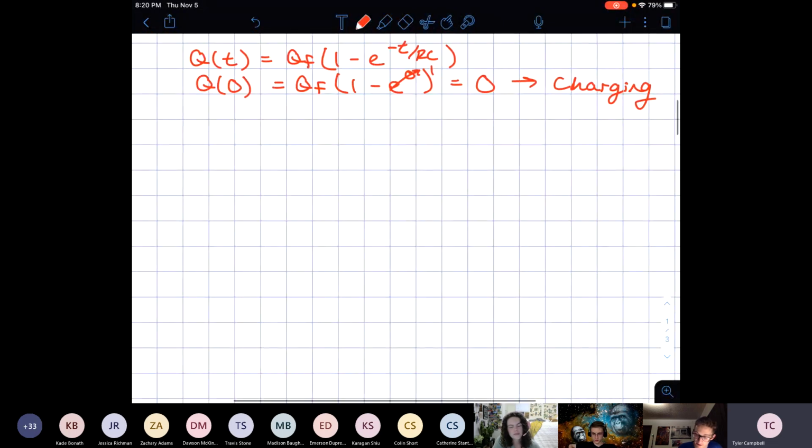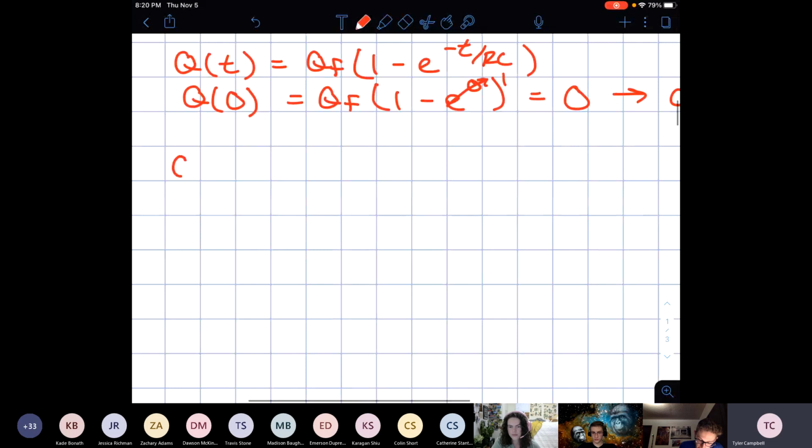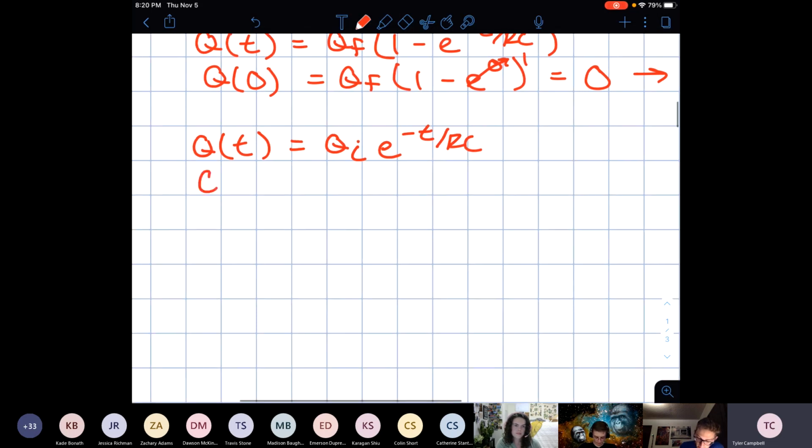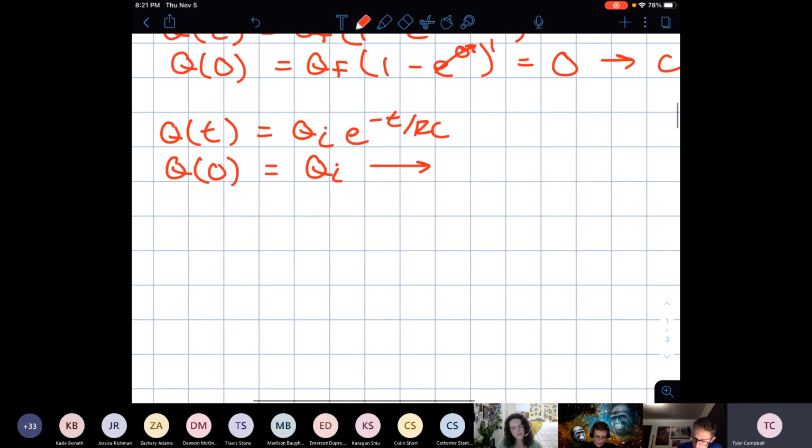By process of elimination, the other one must be a discharging equation, and we can prove that as well. Say Q equals QI e to the negative t over RC. If I plug in t equals 0, I just get QI, because e to the 0 is 1. This is my discharging equation because I'm assuming that at t equals 0 my capacitor is full, with the total amount of charge on it.